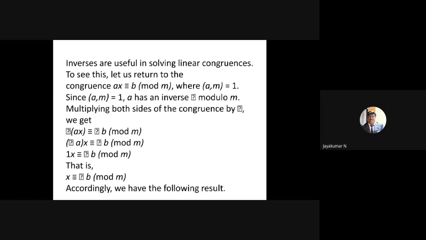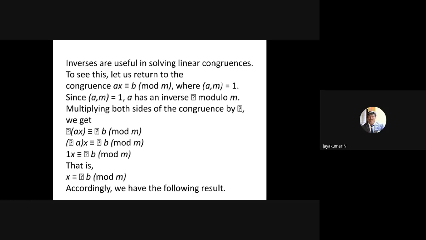So the congruence Ax congruent to B mod M, where the GCD of A comma M is equal to 1. Since the GCD is 1, A has an inverse, which can be represented as A power minus 1 mod M. So A inverse can be multiplied throughout the linear congruence.